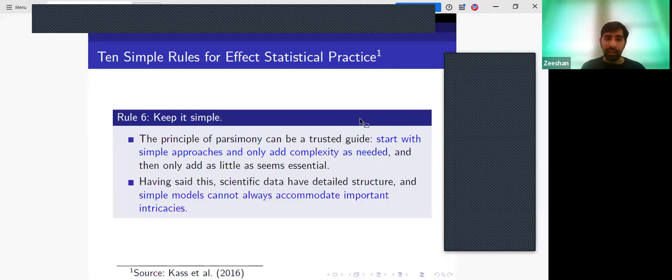Sometimes we conduct a simple analysis, but sometimes things are complex. For example, if you're going to analyze social sciences data, there would be multiple other factors that you can't control, and sometimes you can't even fit a simple model to those kinds of data sets. So in that situation, definitely you have to think about some advanced techniques.